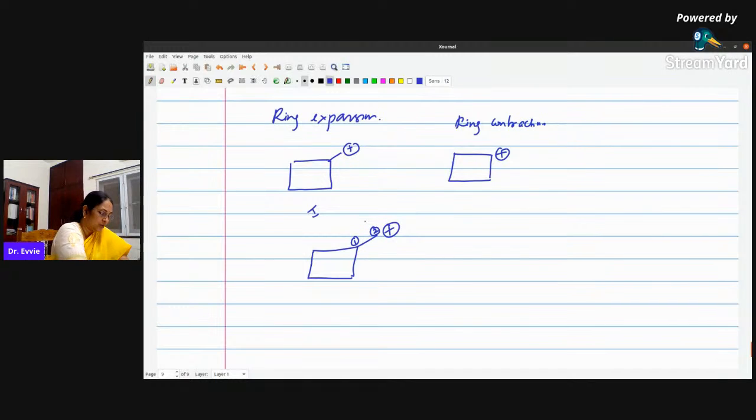Now see what will happen if this bond breaks. When this bond breaks, because you already have a positive species here, this carbon will take a negative charge and that carbon will take a positive charge.